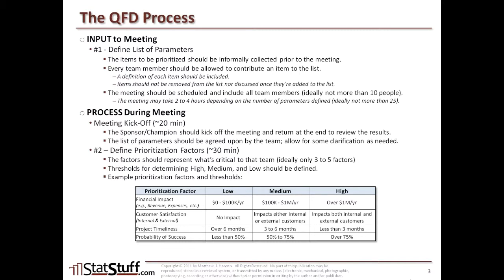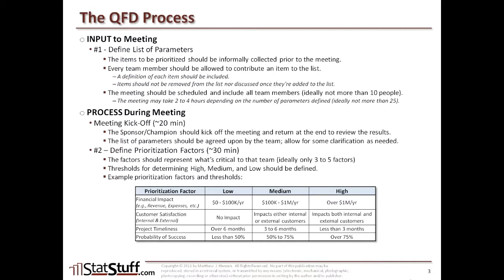Now, as a factor itself, it doesn't matter whether the financial impact is revenue or expenses. The whole point is that it's making some sort of cash impact, some financial impact to the business. But what you should try to identify is how you want to determine what you consider to be low, medium, or high. In this example, we said that a low impact would be anything that's less than a $100,000 impact as a project.